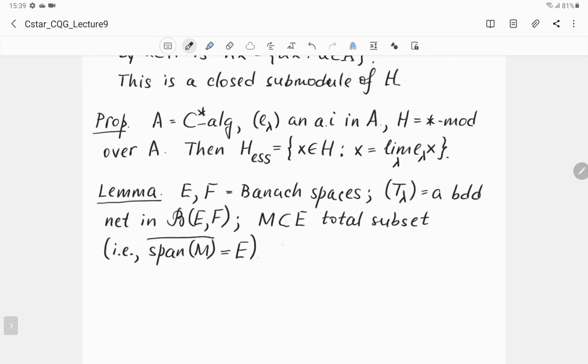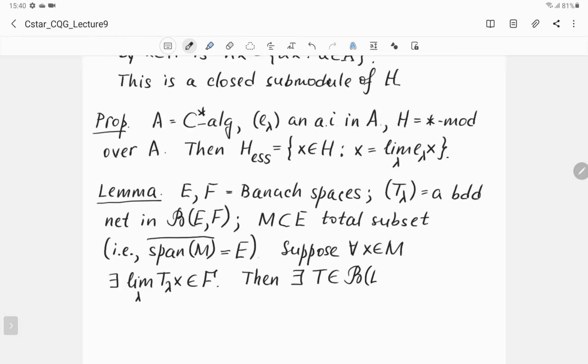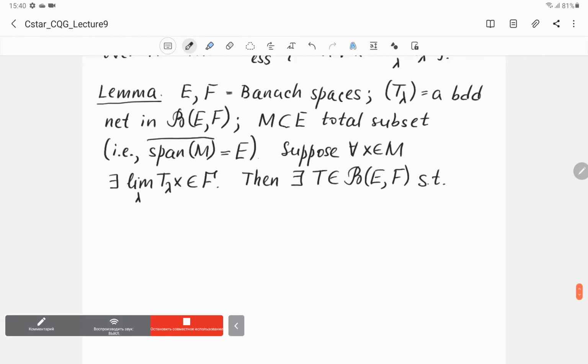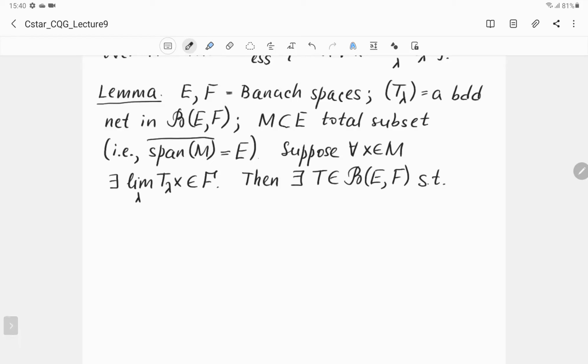And also let's suppose that for each element little x in M, the net T lambda x converges to some element of the space F. I claim that in this case, there exists a bounded linear operator T from E to F such that T lambda converges to T pointwise, that is, for each x in E, T lambda of x converges to T of x.